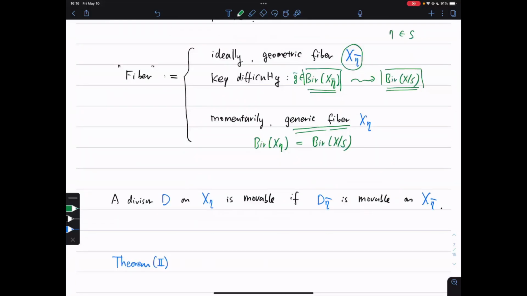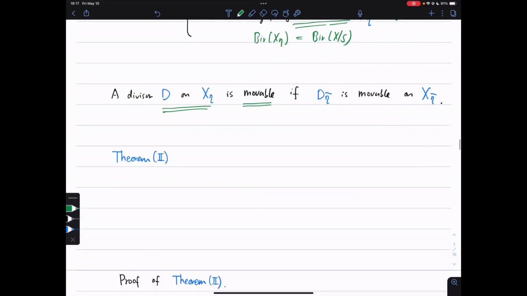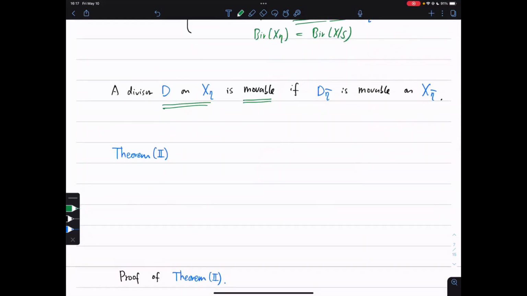So we are working in the generic fiber, and we should also formulate the cone conjecture in this setting, but it is exactly the same. For example, a divisor on this generic fiber is movable if it passes into the algebraic closure is movable. This could be checked very easily. Or you can just take this for the definition.